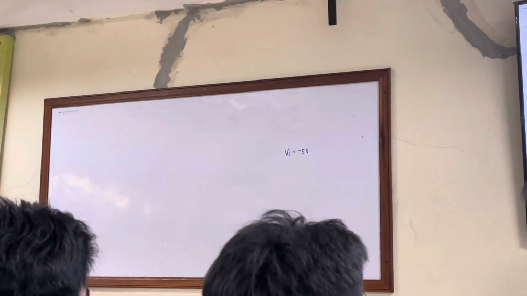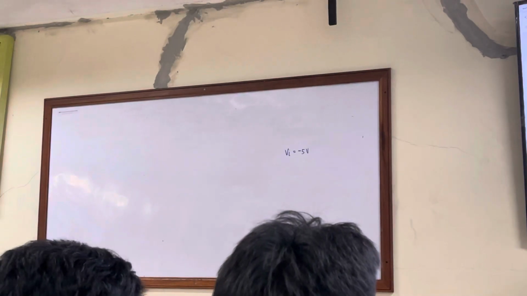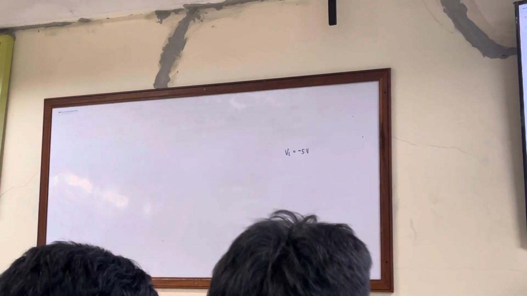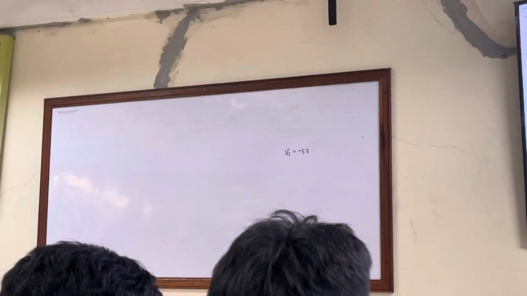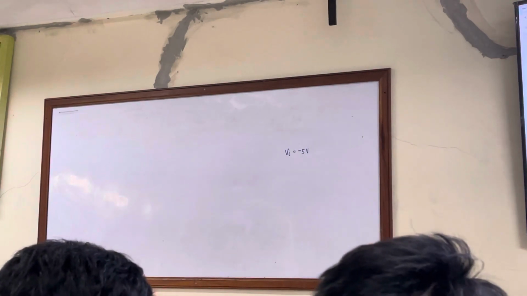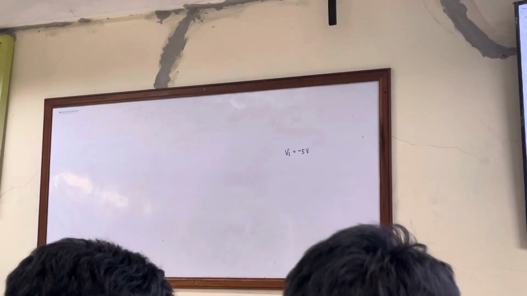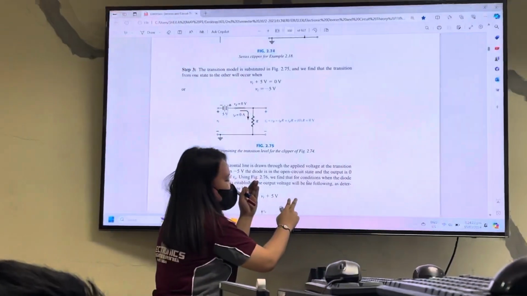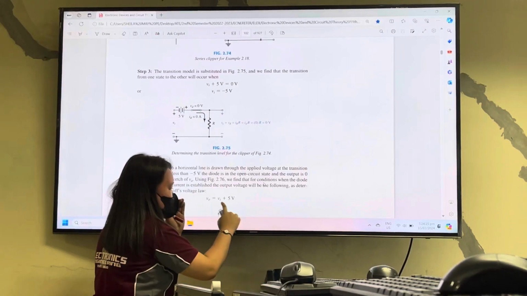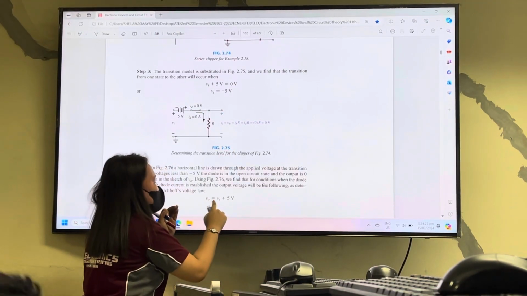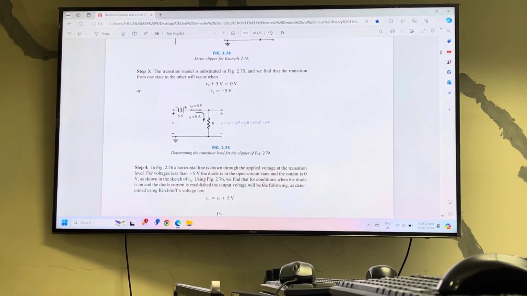So, positive, okay, minus V out. Minus V out is equal to 0. Transpose V output to the other side of the equation. So, VO is equal to VI plus 5 volts. That's for our on.